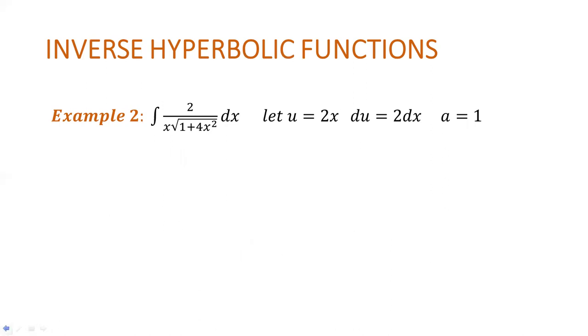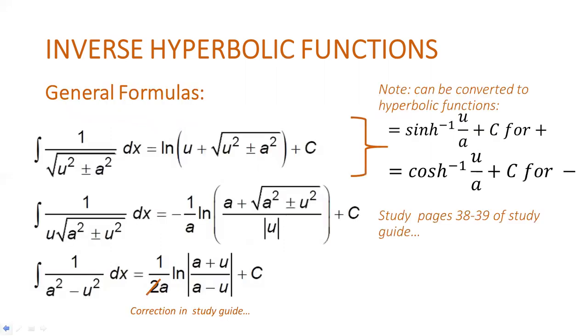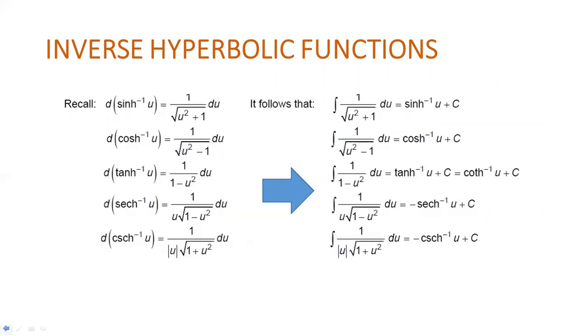So if we go back here to the formulas that we have, it could also yield the negative of the inverse hyperbolic cosecant, because it's plus. If it's minus, it's the negative of the inverse hyperbolic secant. It has to be specified, however, that what you have written here is the absolute value of u.